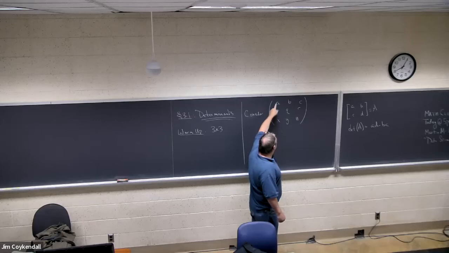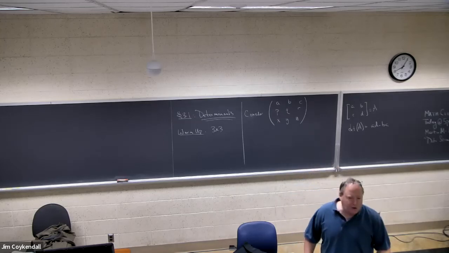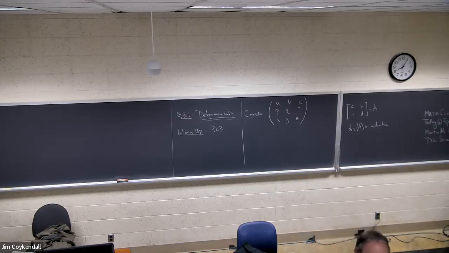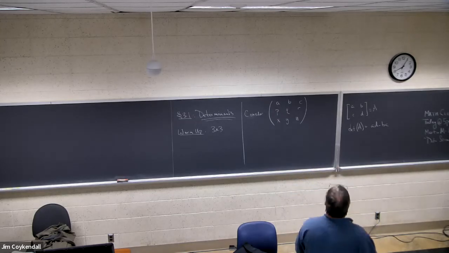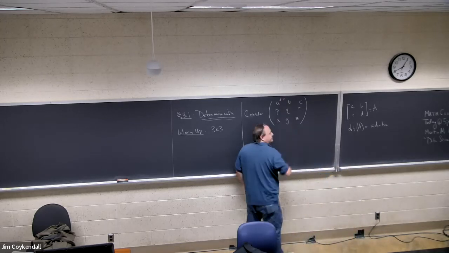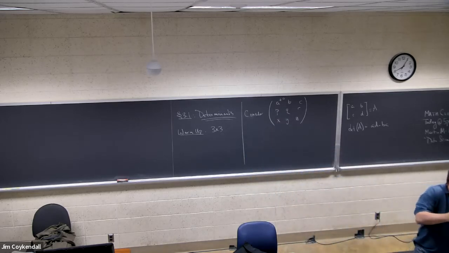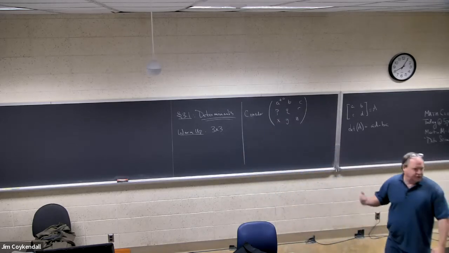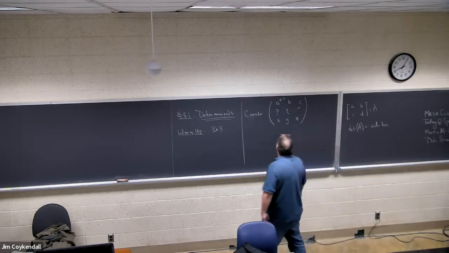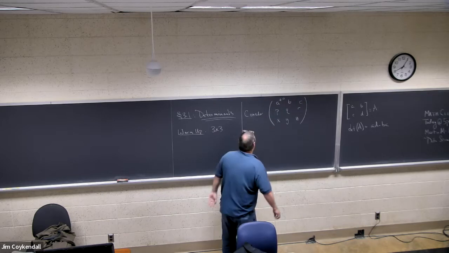Would everybody agree that one of the entries in the first column has to be nonzero? Because if that's a column of zeros, I'm already hosed. So let's suppose that A is not zero. Even if it is zero, I could just swap the rows around and make sure we get it nonzero. So I'm going to row reduce this.